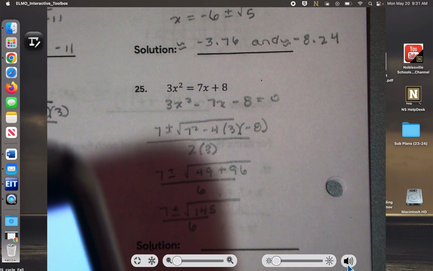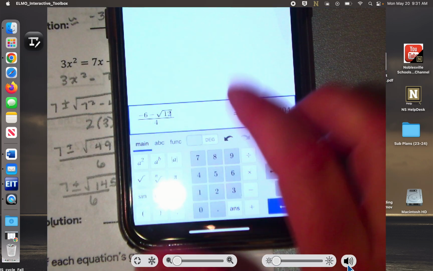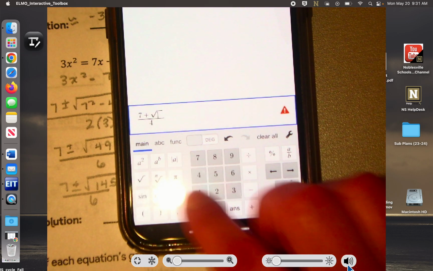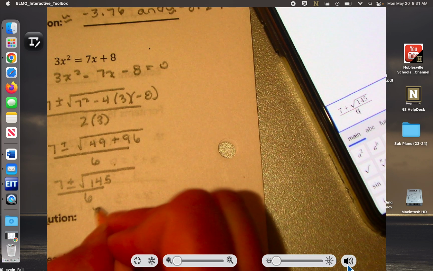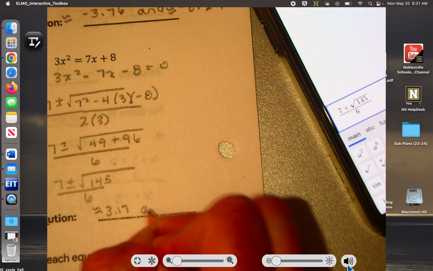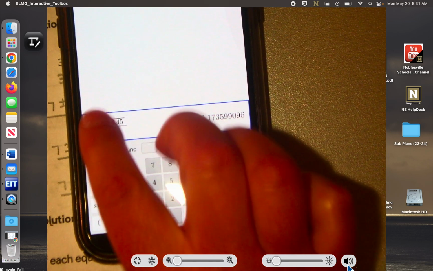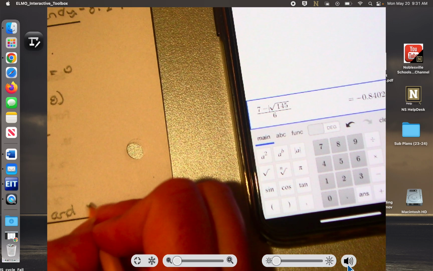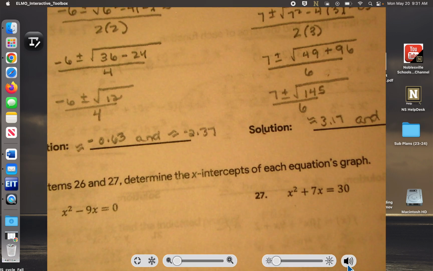And then if I wanted to find the decimal values, I would have 7 plus the square root of 145, divided by 6, and I get about 3.17. And then if I change that so that it says minus, I get about 8.84. And those are the two numbers you can get for that answer.